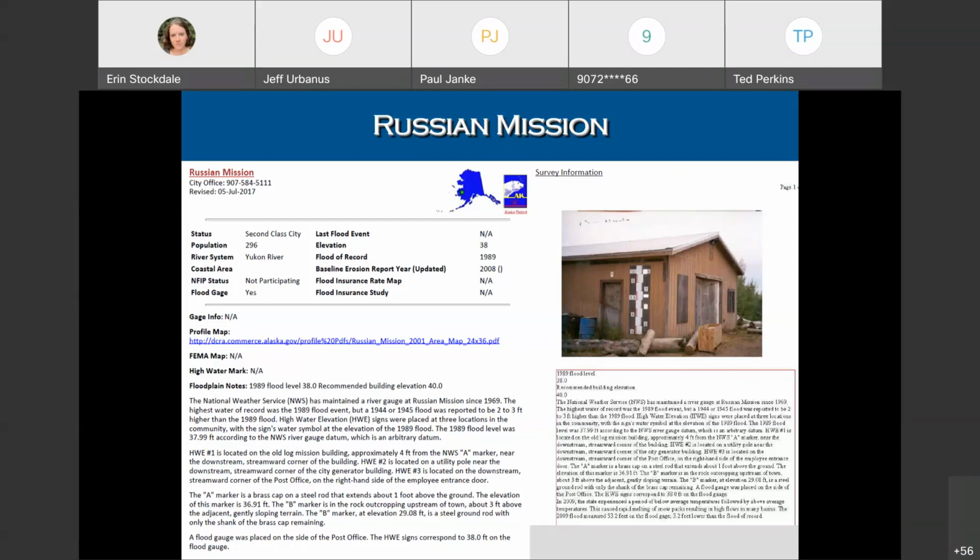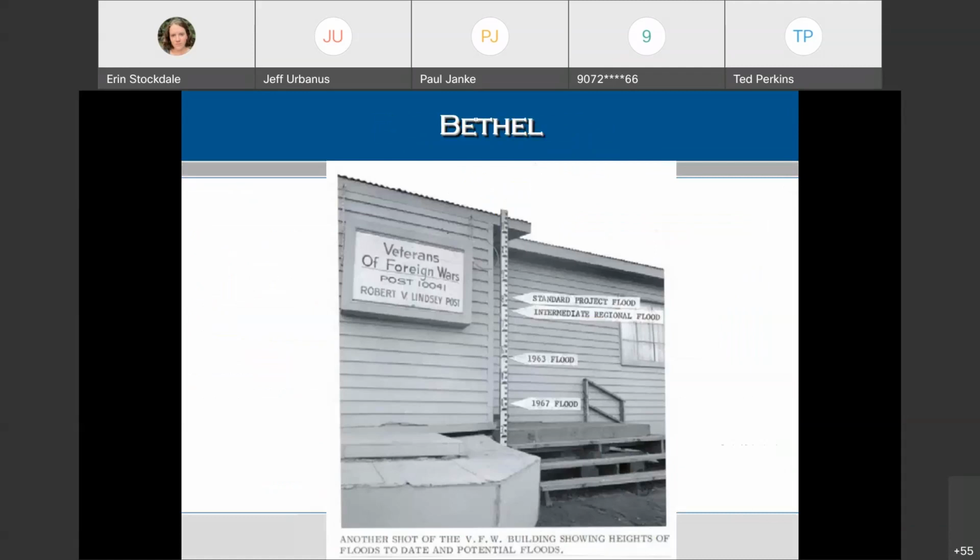So again, they need somewhere to go when even a greater than 100-year flood occurs, somewhere you know is going to be out of the floodplain, and there isn't high ground in those locations. So there's this kind of information on a lot of communities that the Corps has. Actually, here's the one with the standard. So you can see the 1963 flood, the 1967 flood.